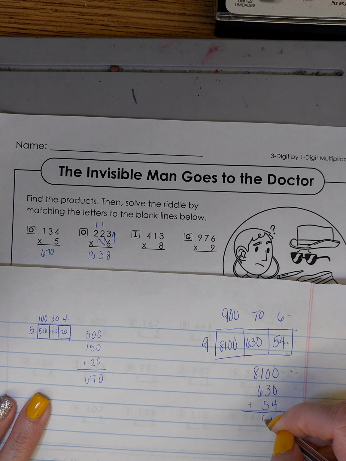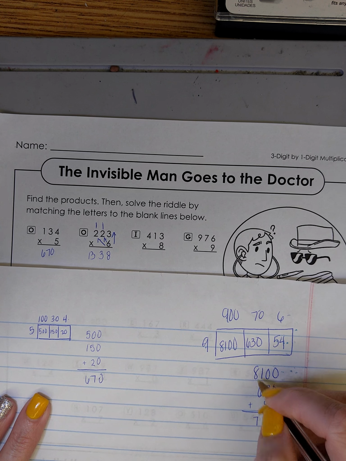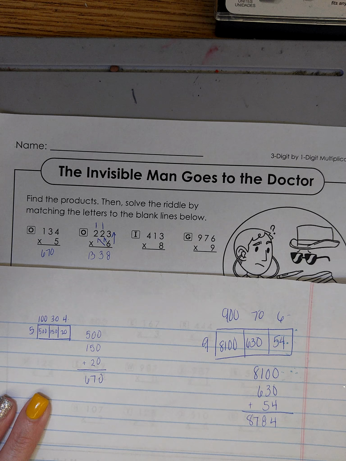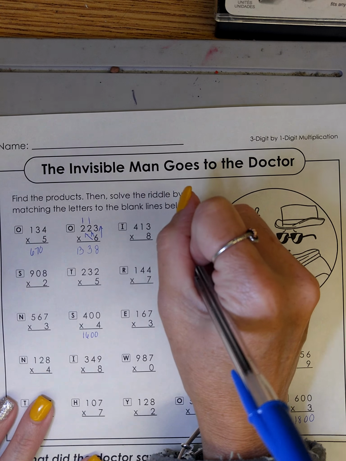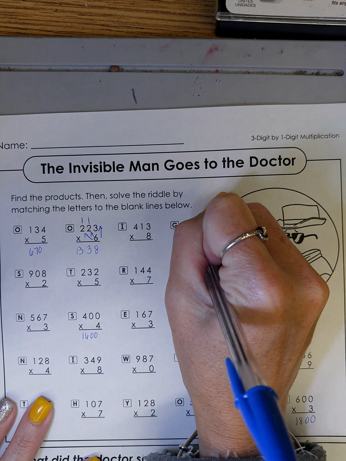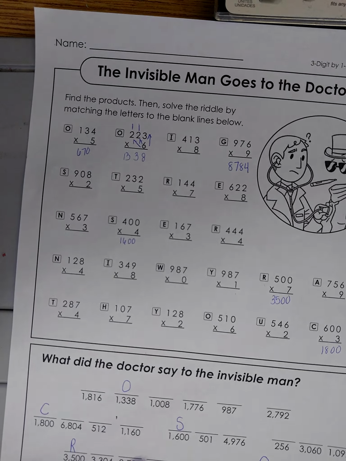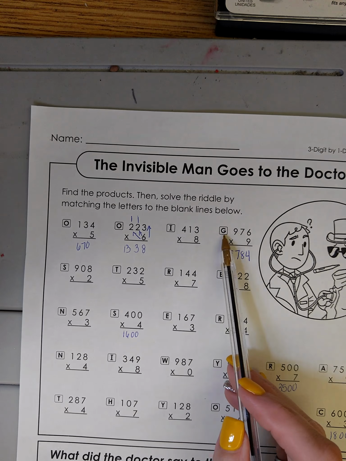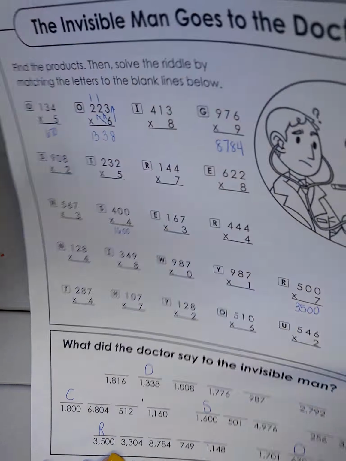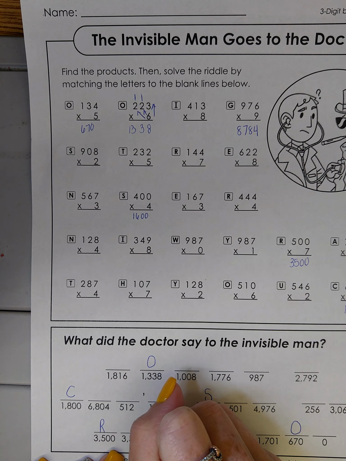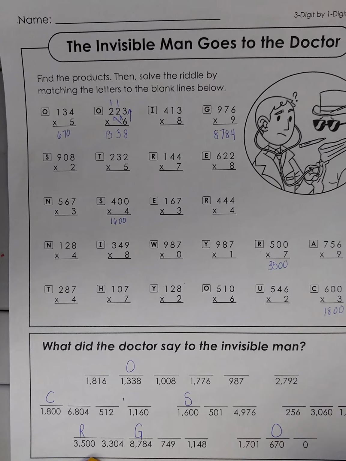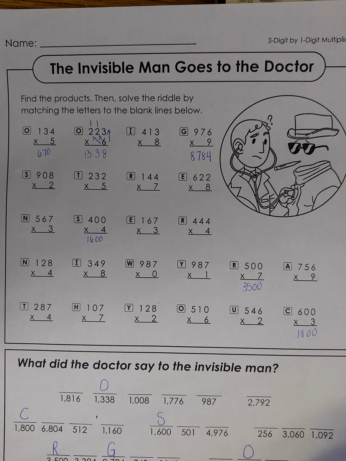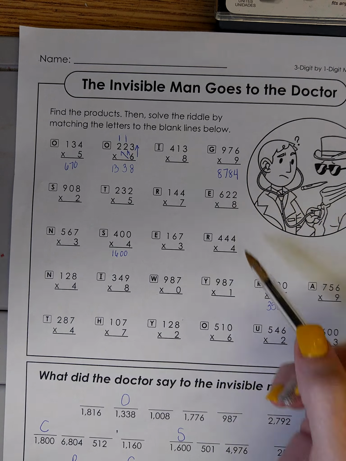Move to my tens, that's 8. Move to my hundreds, that's 7. Move to my thousands, so 8,784. And that one's down here at the bottom. And that is labeled letter G, so I'm going to place a G here. And I'm going to continue this until I get my answer here. I'll put the corresponding letters.